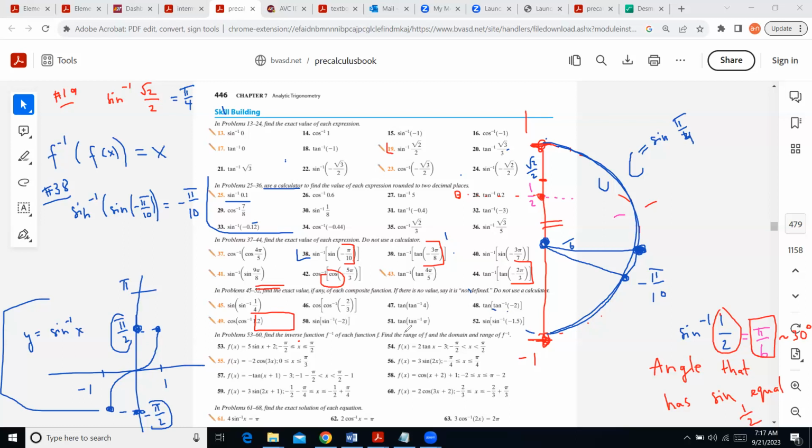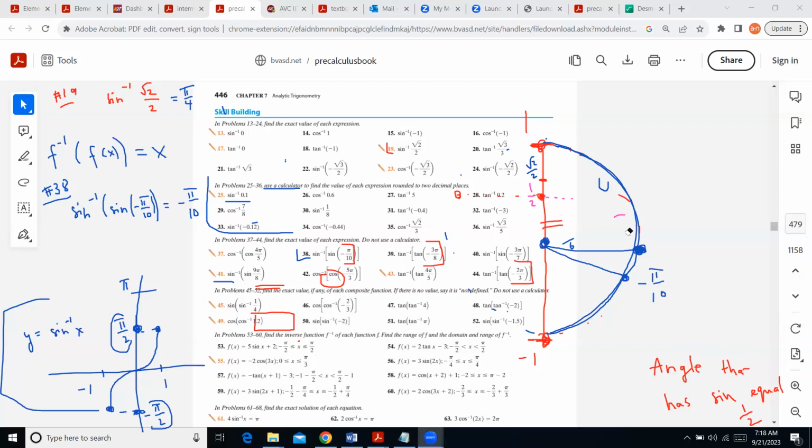So let me find one which is not on this half, and I think number 41 will be one to watch out for. Let me do 41 and see how we can actually get our answer.